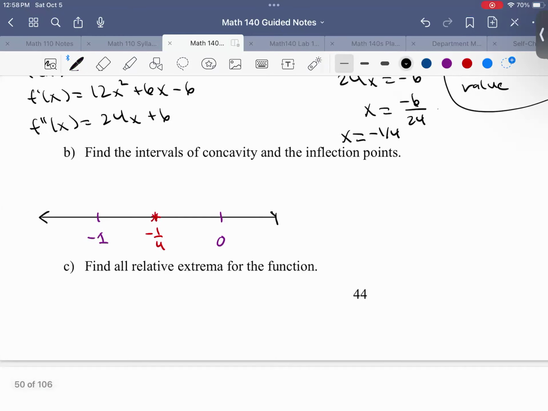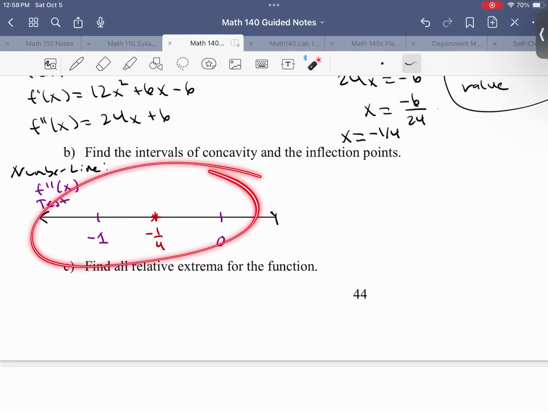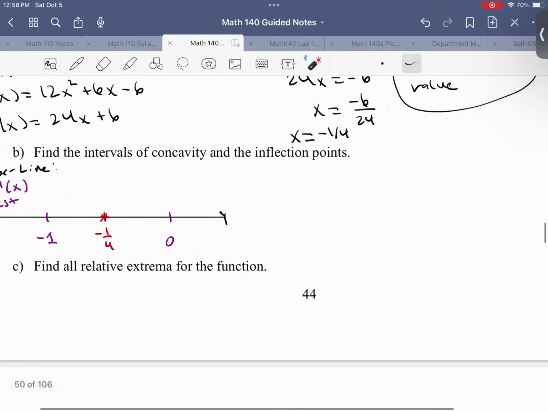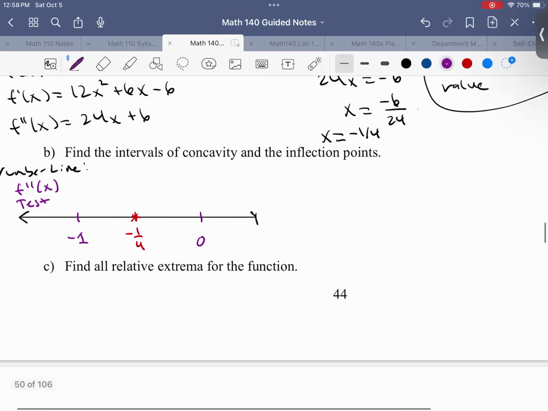So, kind of saying what we're doing, number line, right? And I'm going to test out some points with the second derivative. Okay, so I'm going to go out to the side and calculate what these guys are. So we're going to plug it into the second derivative, right? Plugging it into this guy.